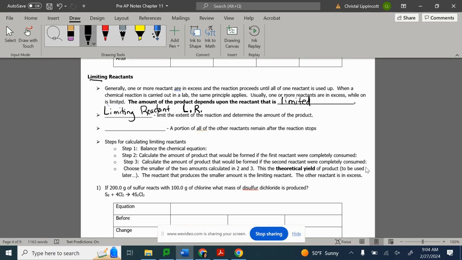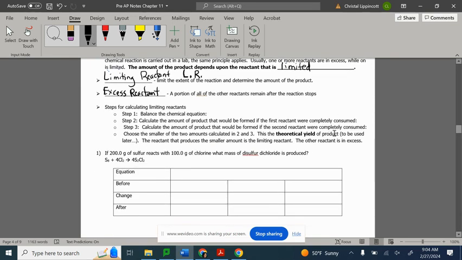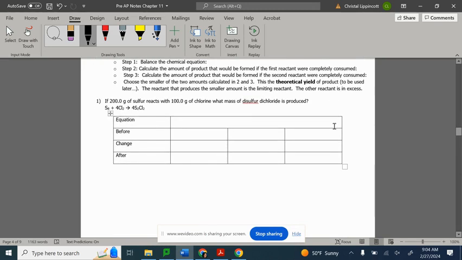All right. What's left over is called the excess reactant. Okay. So I'm going to show you, here are the rules for it. You can read through those on your own time. I'm going to show you how to do this using this example.